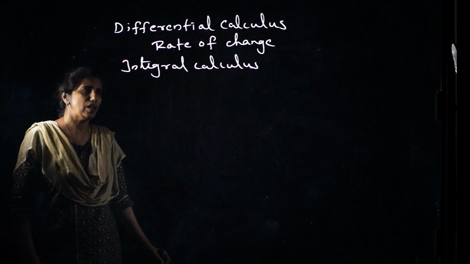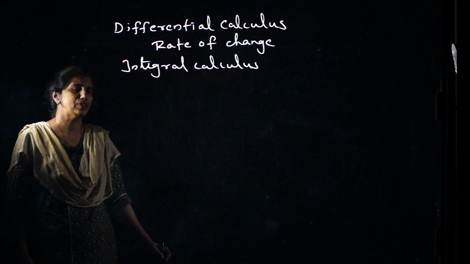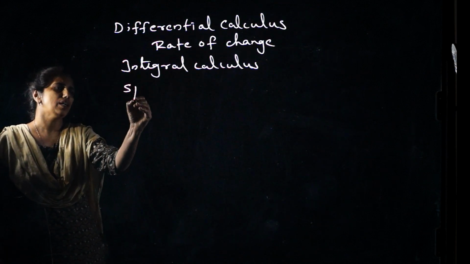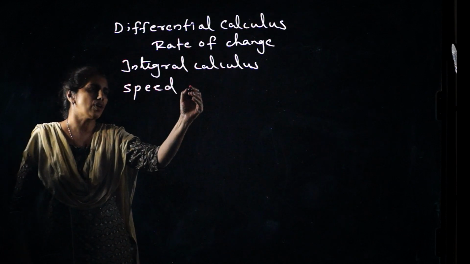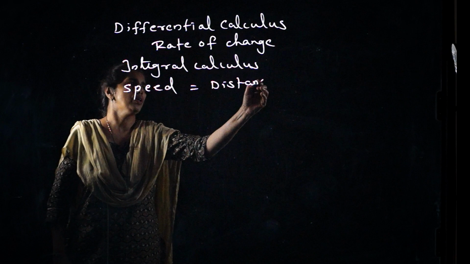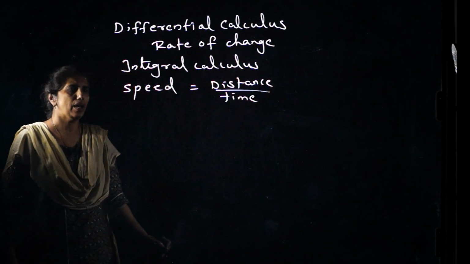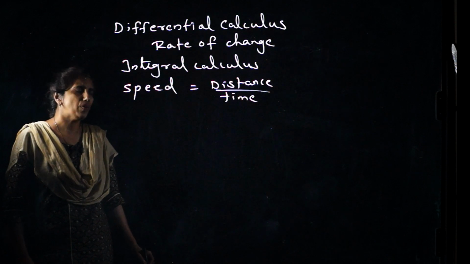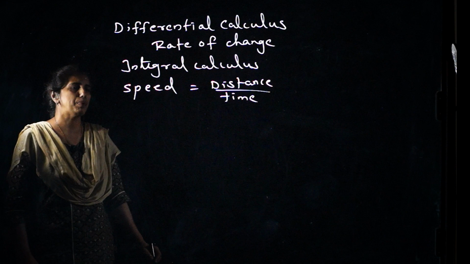Now, when you say rate of change, there are many examples of rate of change. Say, for example, speed is a rate of change. It is rate of change of distance with respect to time. But in differentiation, we are not studying about this average speed.